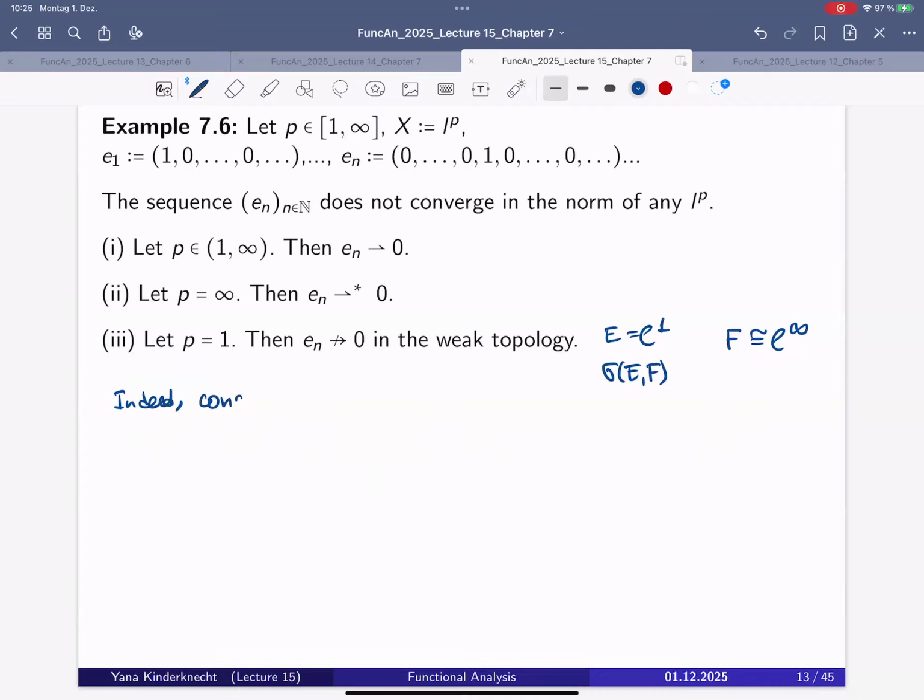Indeed, consider a, which is the vector of this form, 1, 1, etc., only ones. This is a nice vector in L infinity.